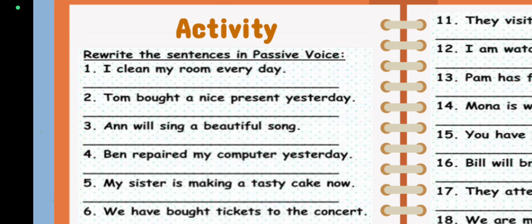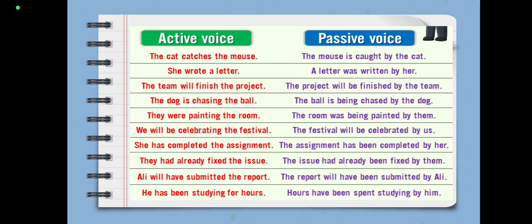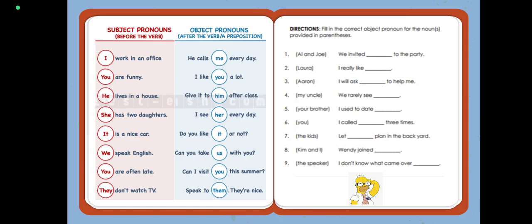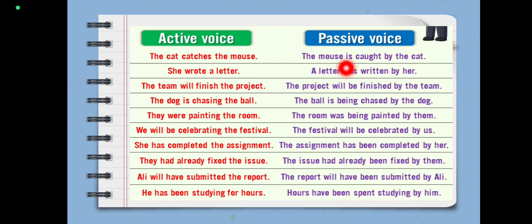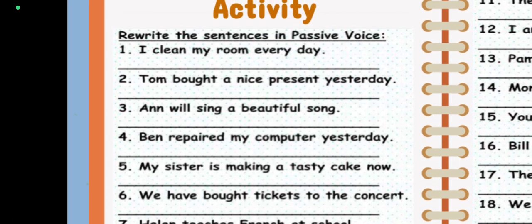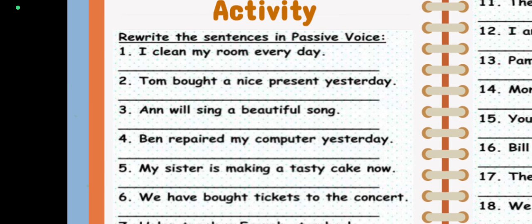Como es present simple, ¿qué viene después? Is or was? Is. Okay, so my room is. ¿Y después qué viene? Clean. Okay, but in past participle. So it is cleaned. That's it.